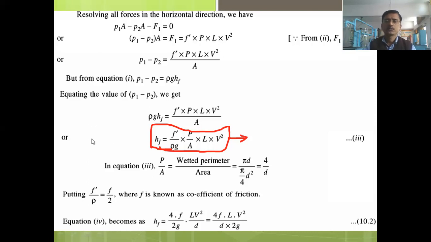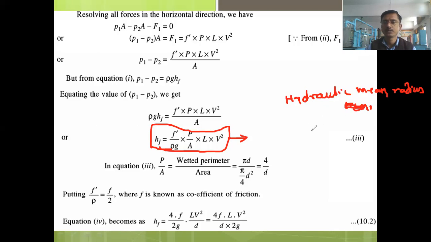In fluid mechanics, we have one term which is called the hydraulic mean radius. Hydraulic mean radius, in short, we call it HM.